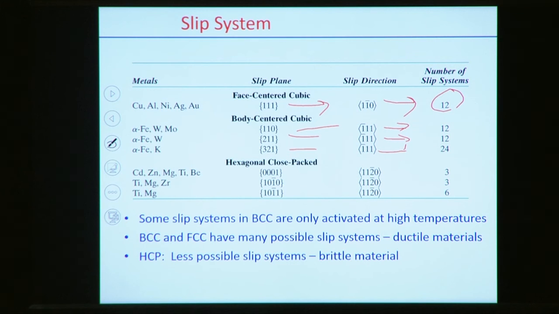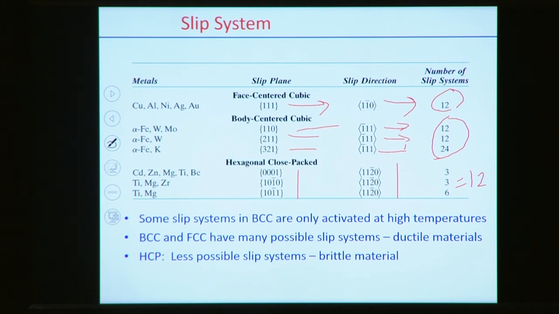So the total possible number of slip systems in BCC structure is actually 48, which is more than FCC or HCP structure. Similarly, for HCP structure, these are the planes, and here we see the slip direction also, and we can find the total of 12 slip systems in HCP structure.